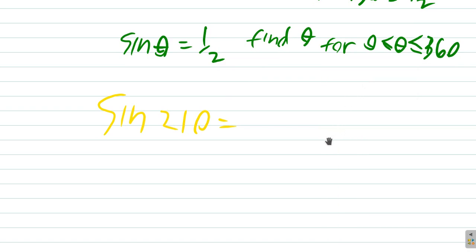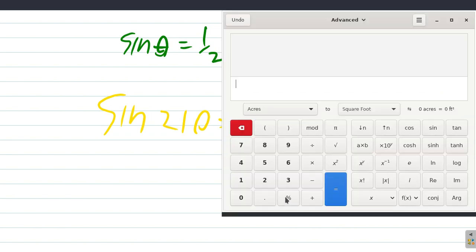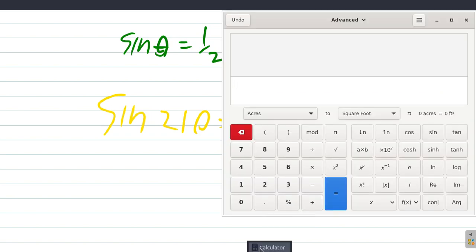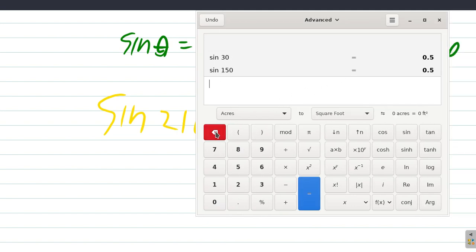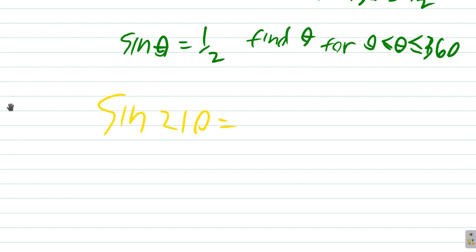Calculator. Now, we want to find the sine of 210. That is equal to negative 0.5. It says that the sine of 210 is negative a half.